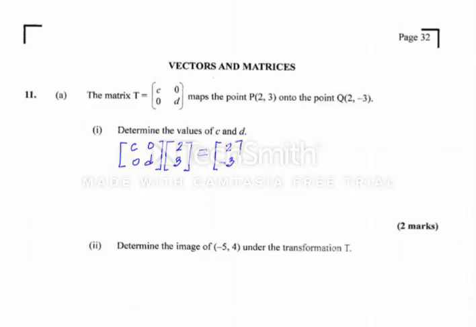All right. So what you notice, all the matrix T did, or transformation T, all it did was simply change the sign of the y coordinate.